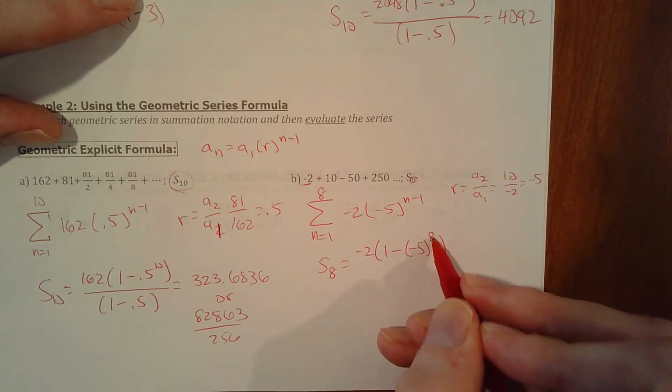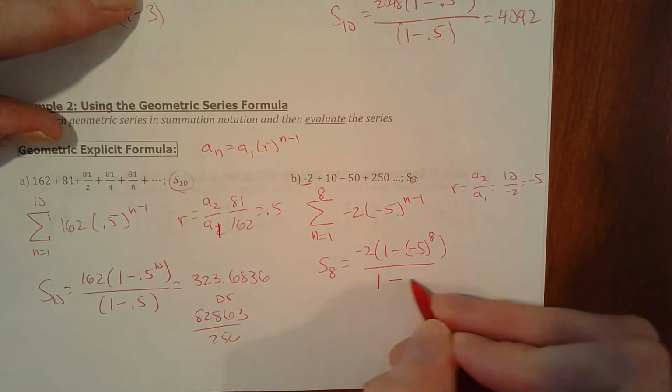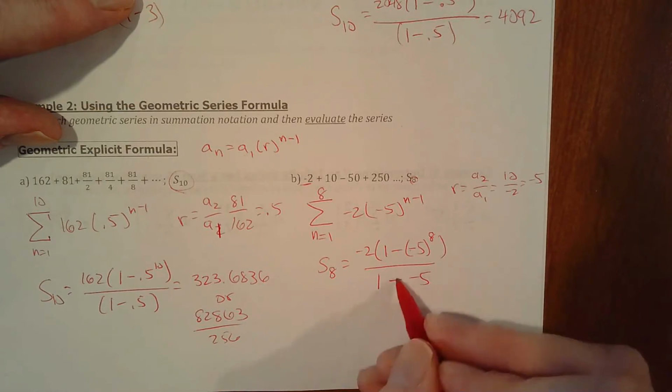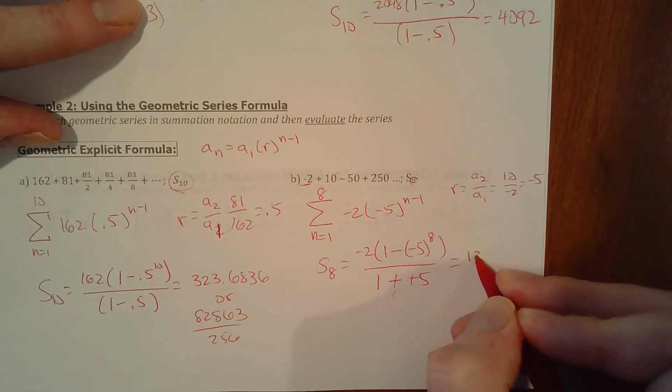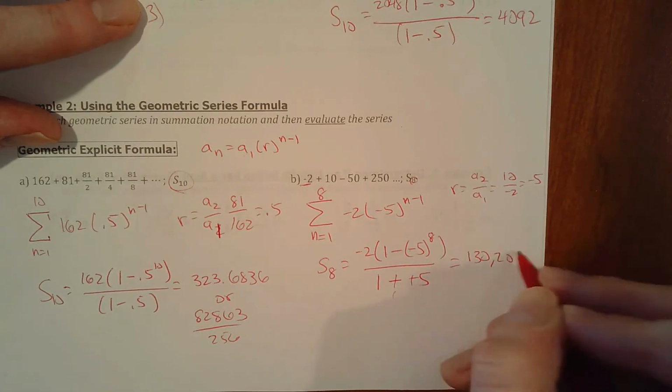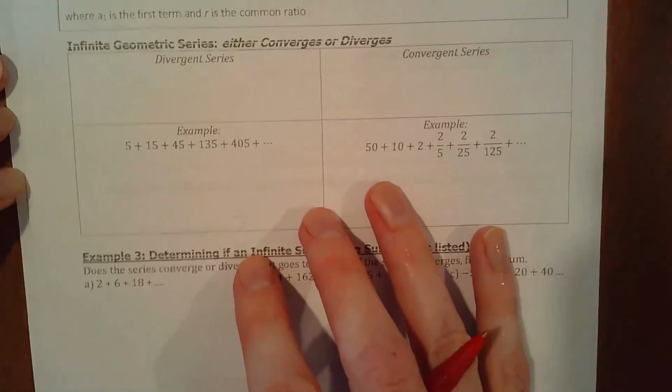Take it to the 8th power first, and then worry about the signs. And then on bottom is 1 minus -5. Since there's no power here, I can just switch that to a plus. So there will be a 6 on bottom. So put it in the calculator, I get 130,208.